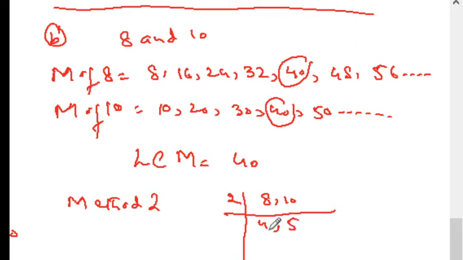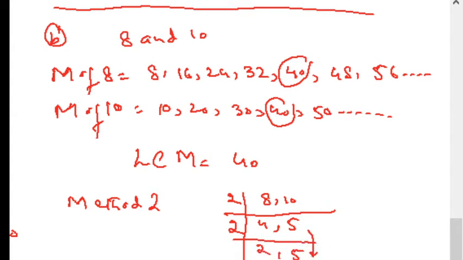Now 4 and 5, then what can be done here? We cannot divide both 4 and 5 by the same number. So I take any number which can divide any one of these. The divisor should always be a prime number. So I'm taking 2 for 4, 2 2s are 4, and 5 is not divisible by 2, so bring it down this way.